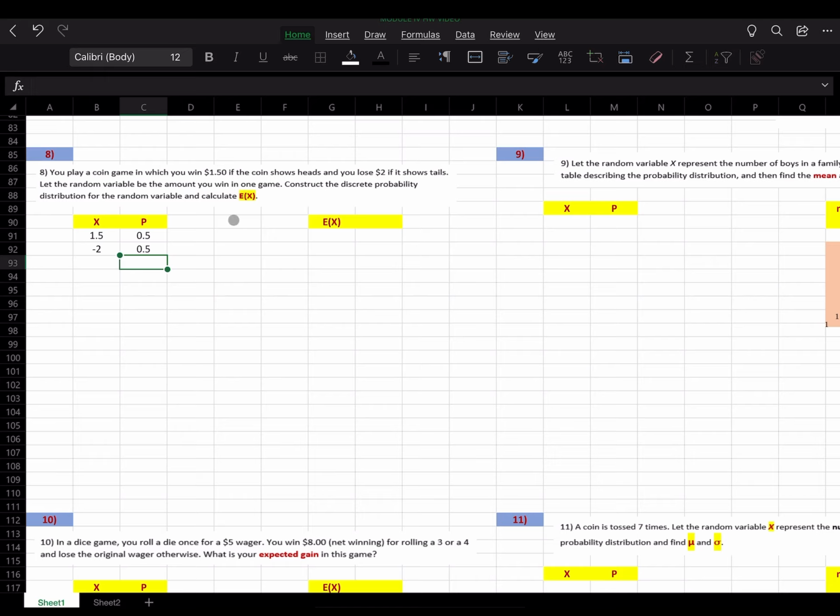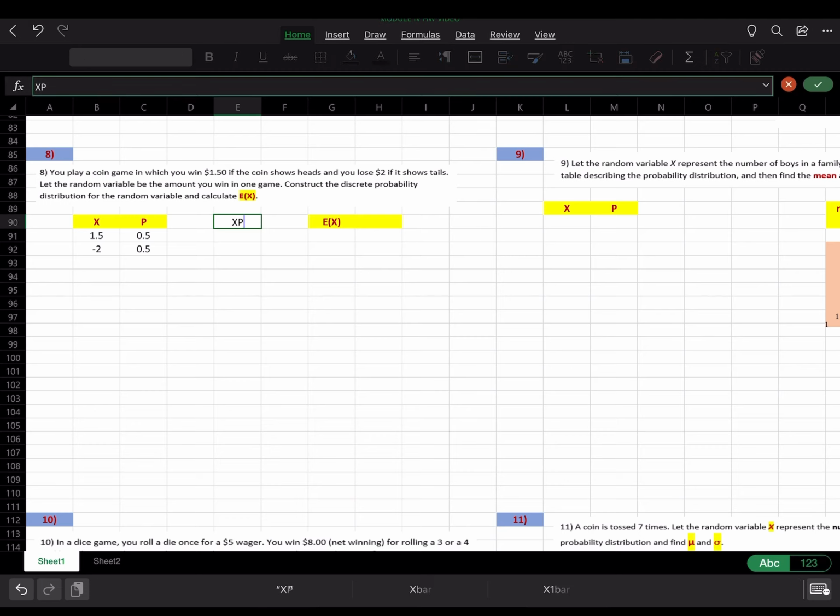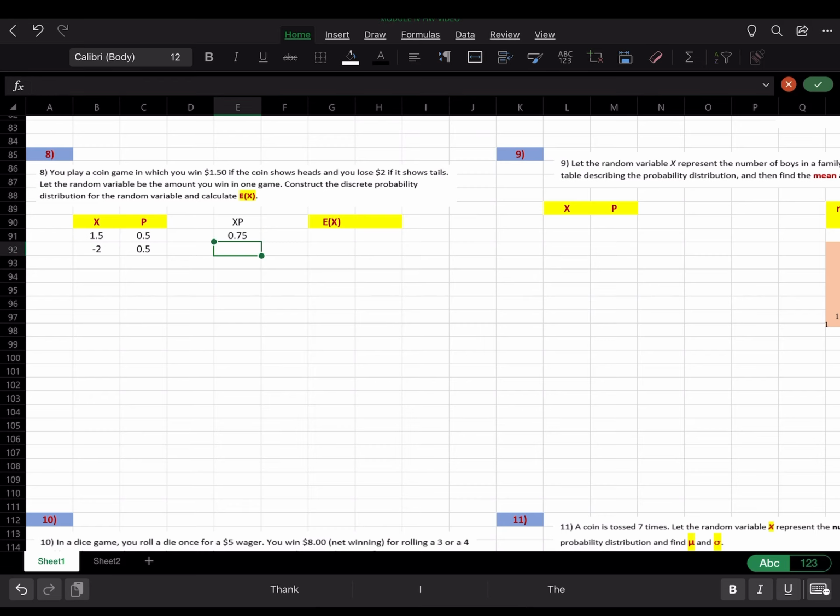Well, in order to calculate the expected value, I need to create a column of XP's, which is X times P. Drag it down. It's just one operation. Very good, and that's it. And add them up.